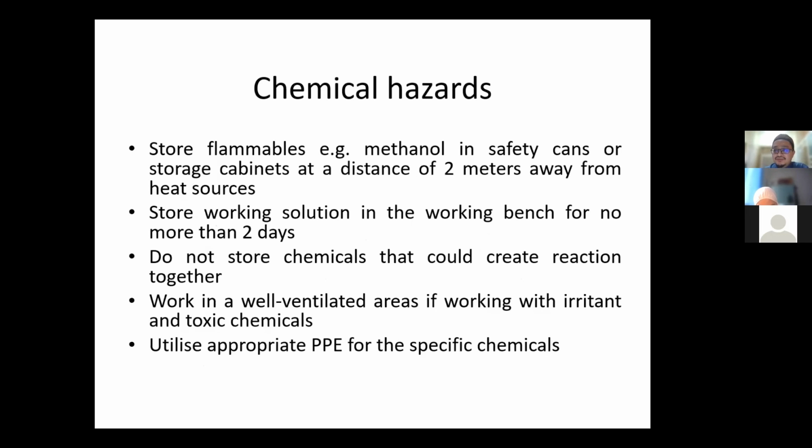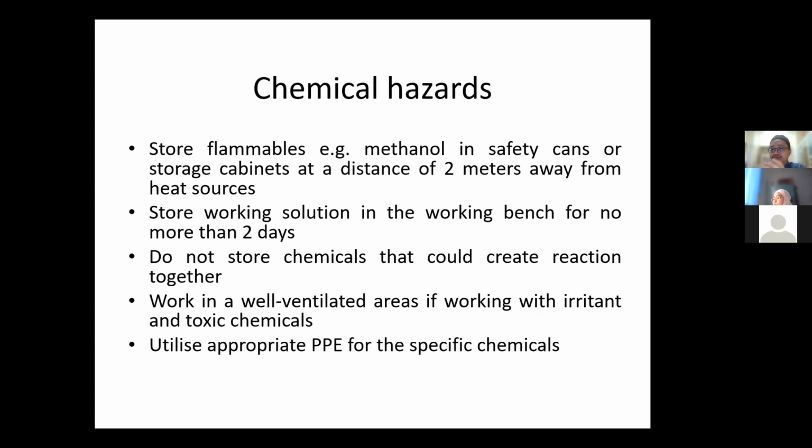Okay. So chemical hazard, any flammables must be stored properly in a storage cabinet, a distance of 2 meters away from any heat source. Any working solution must be stored on the working bench for not more than 2 days. Working solution means that when we want to do an experiment, we cannot prepare in small amounts.